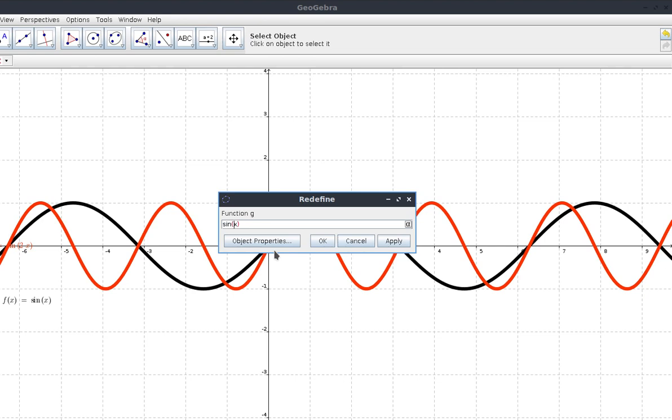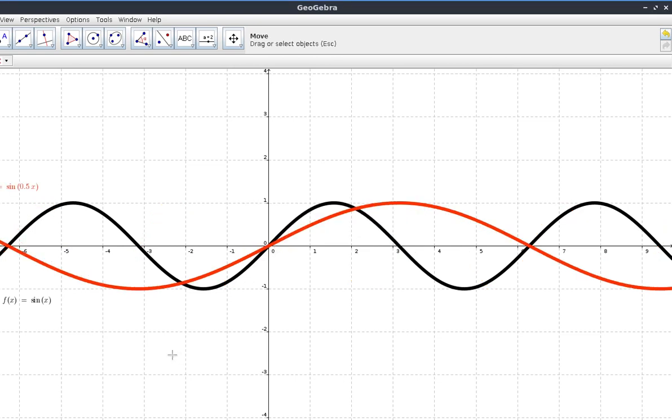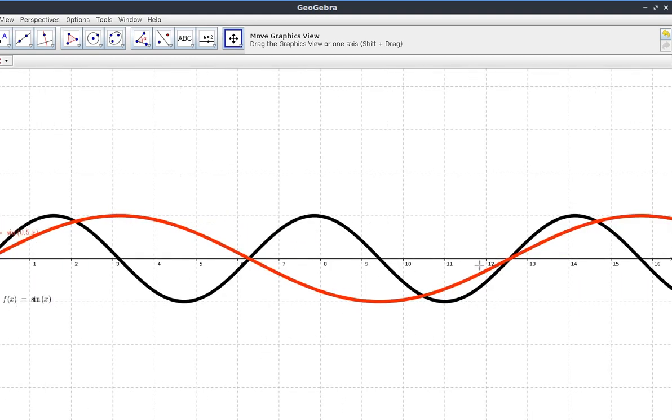Let me see something. Suppose I put 0.5x. In this case, the wavelength would be twice the original.